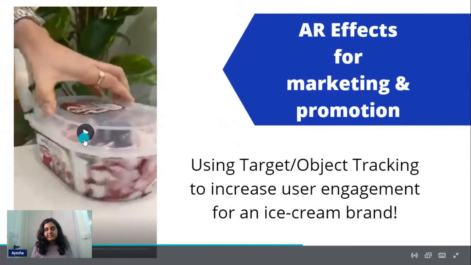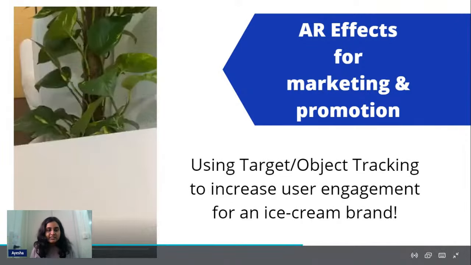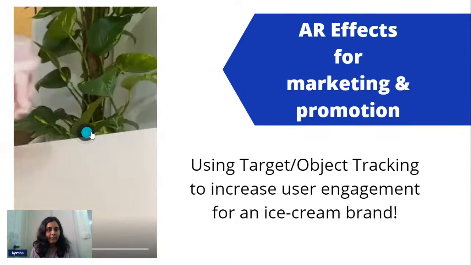The next is that we can use AR effects for marketing and promotion to promote our brands. In this filter that we are about to see, we can use target or object tracking to increase user engagement. This AR effect specifically is for an ice cream brand, Rosetta. This was also created on Spark AR by a Spark AR creator.